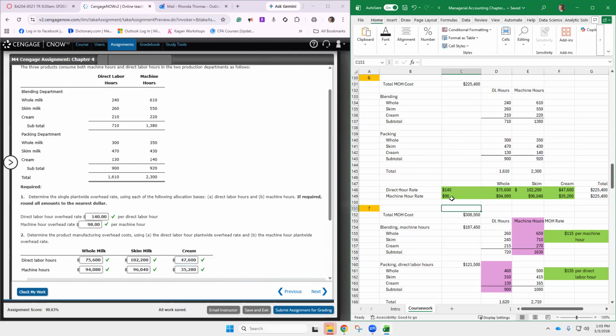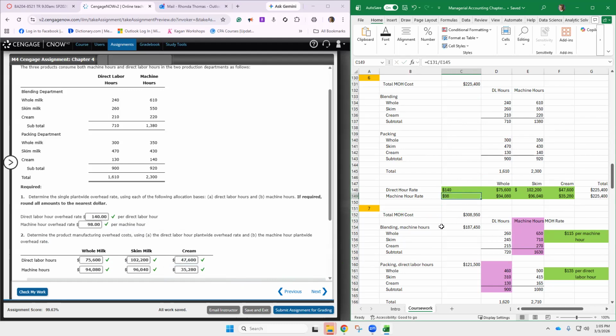So we've got a rate of $140 an hour. When you take the total manufacturing overhead and divide by direct labor hours, what is its rate? It's $140 per direct labor hour.